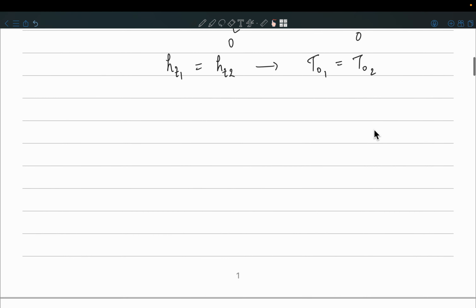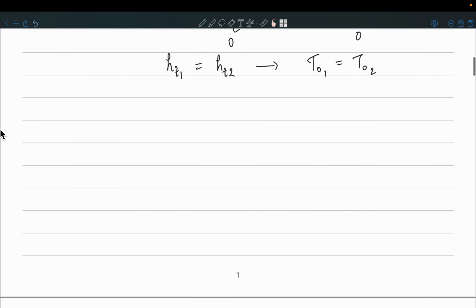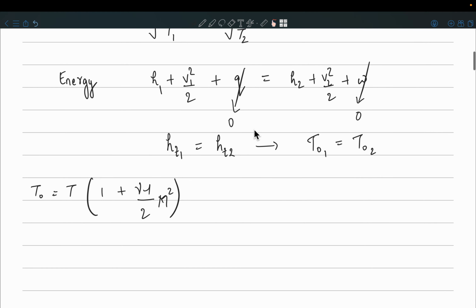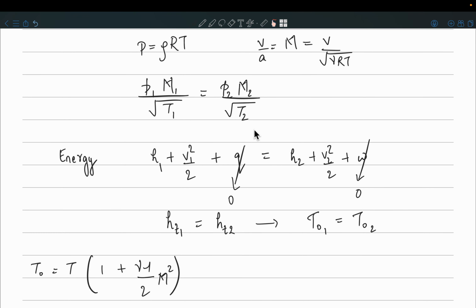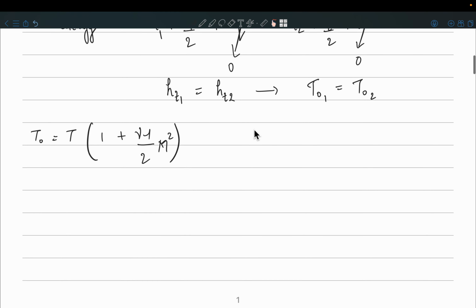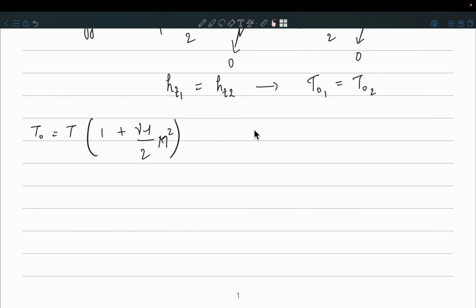And from adiabatic equations we know the expression for T0: T0 is equal to T into 1 plus gamma minus 1 by 2 M square, right? So that gives us the relation between T1 and T2. So we know that across a shock the static temperature changes, but the stagnation temperature does not change. This is very important.